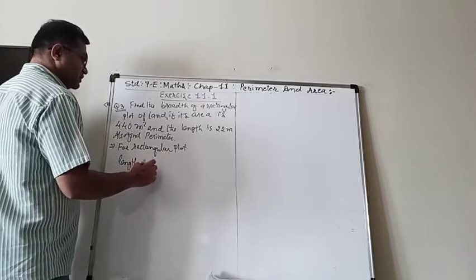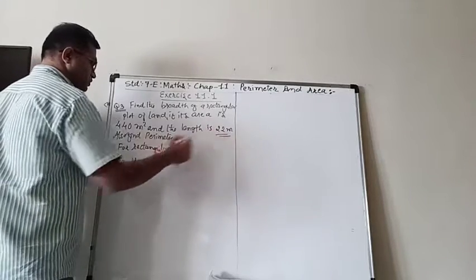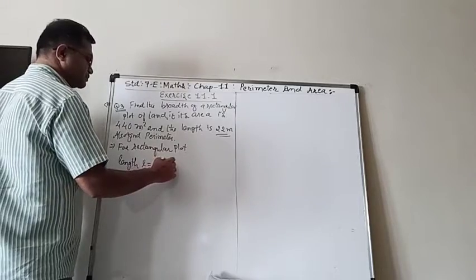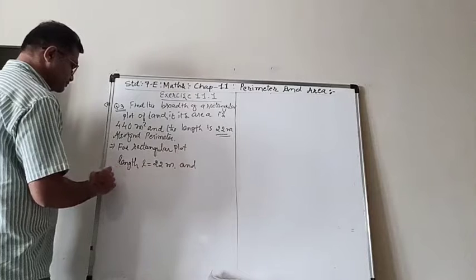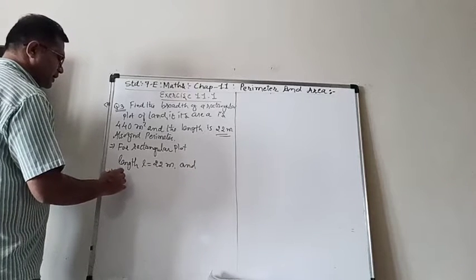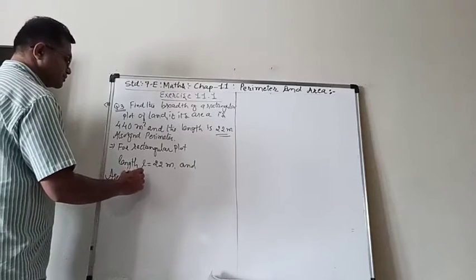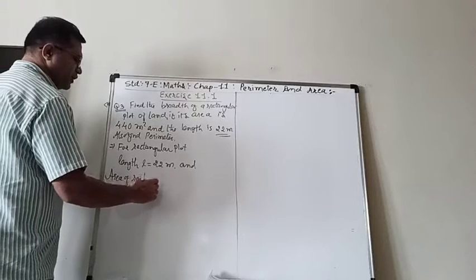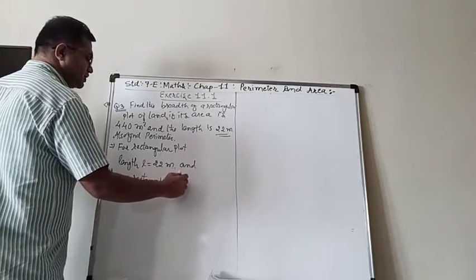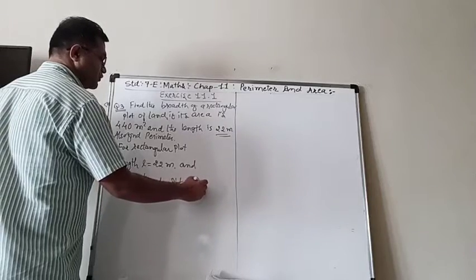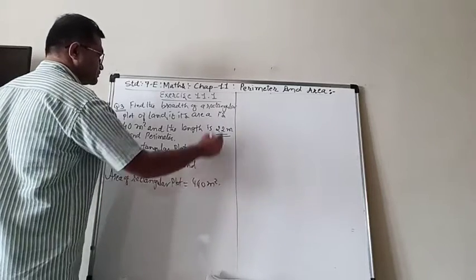Length L is given as 22 meter. And also the area of the rectangular plot is given. It is 440 meters square.